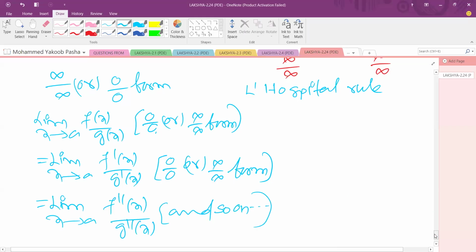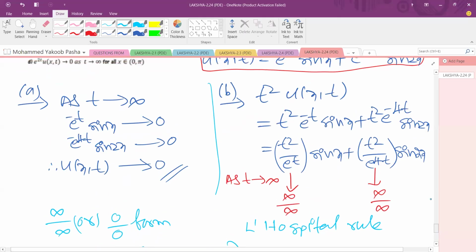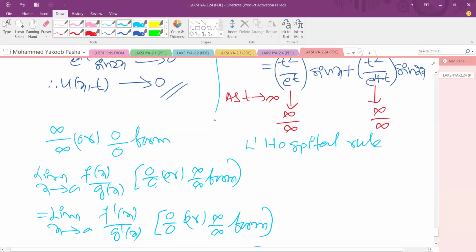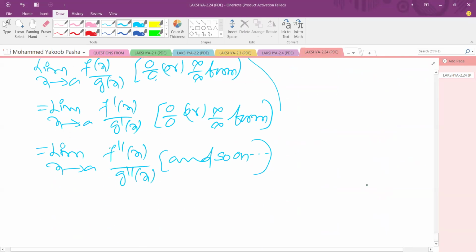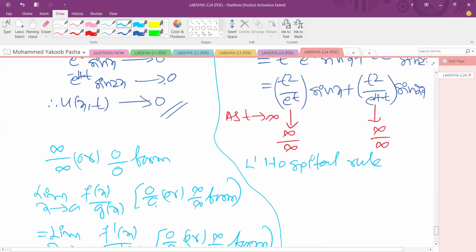So here I need to differentiate this function, t square by e power t. There is no problem for sin x and sin 2x; I am differentiating only t square by e power t. So what is the derivative of t square? It is 2t by e power t into sin x, and for the second term, 2t by 4 into e power 4t into sin 2x.